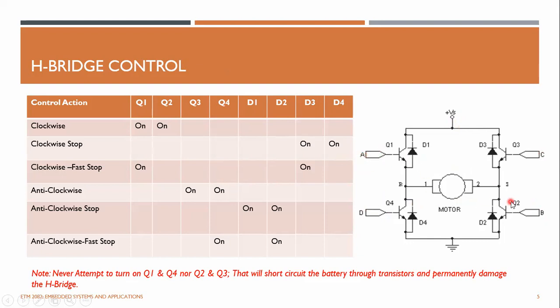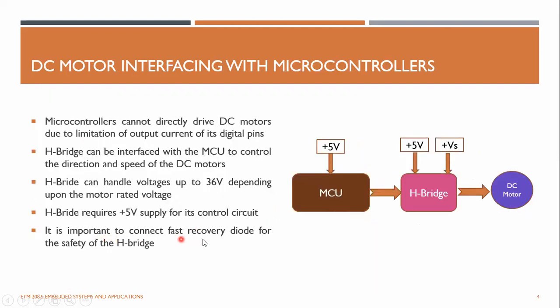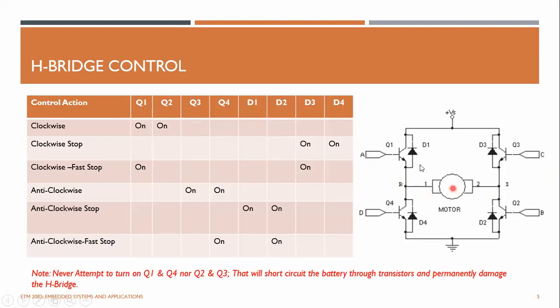Q1, Q2, Q3, and Q4 are the transistors, and D1, D2, D3, and D4 are the freewheeling diodes that are required when you're switching inductive loads like DC motors. You must connect them in order to protect the H-bridge from inductive switching and high voltage spikes.